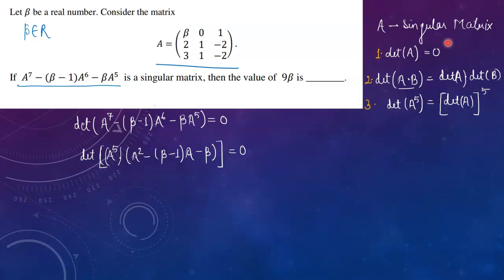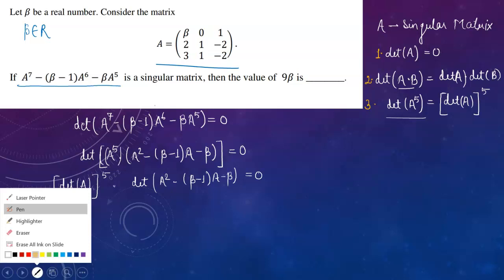So using this property, determinant of A to the power 5 can be written as determinant of A whole to the power 5 into determinant of A square minus (beta minus 1) A minus beta, which will be equal to 0.